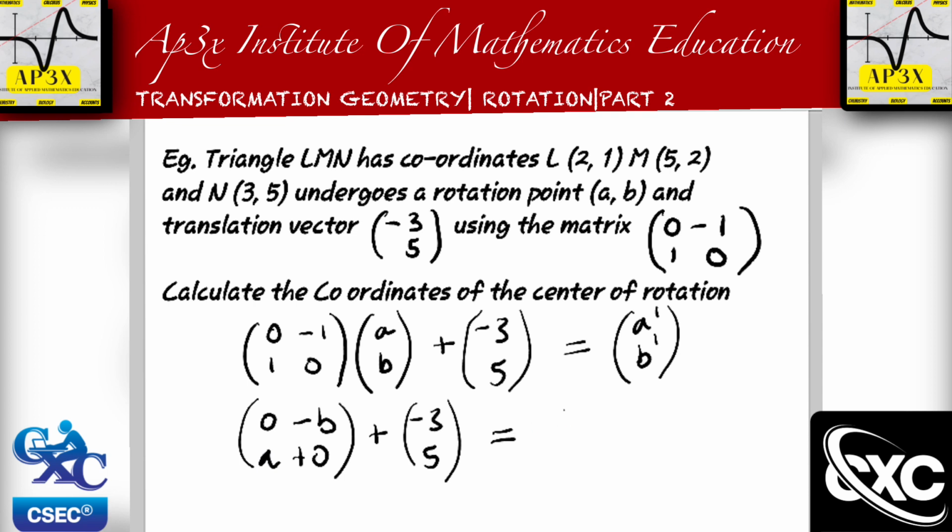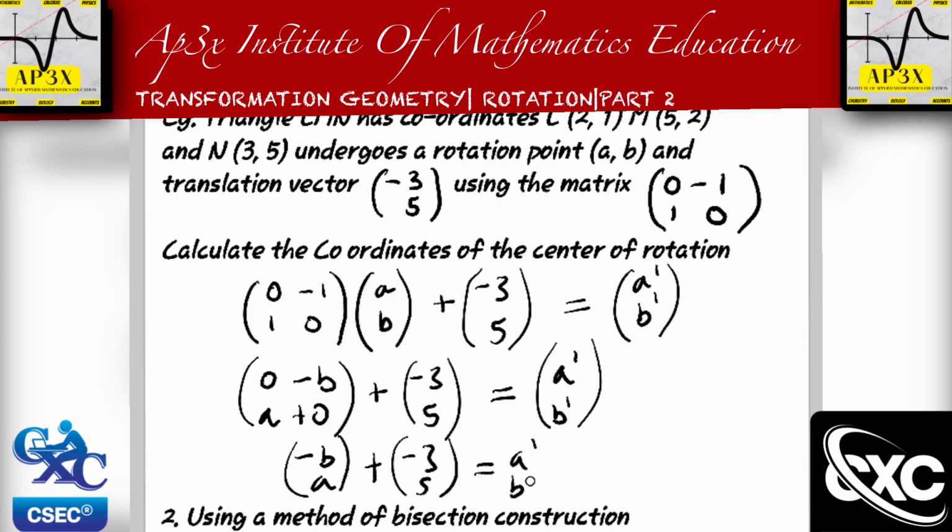That gives us the position of A prime, B prime, which represents our location of the center of rotation. So 0 minus B is negative B, and A plus 0 is A, and that's added to (-3, 5), and that's equal to A prime, B prime.